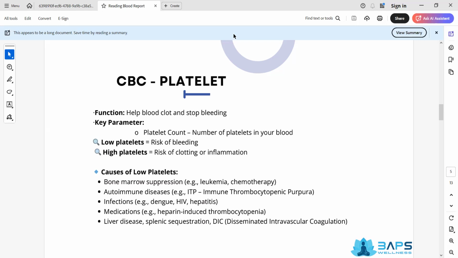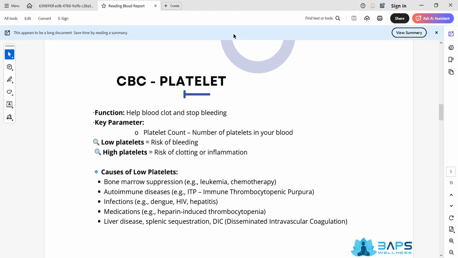That is, when it is swollen or bigger, then it is called megaly. When the spleen size is bigger, again, it starts destroying more number of RBCs. So the cycle goes on. So the destruction is happening there.